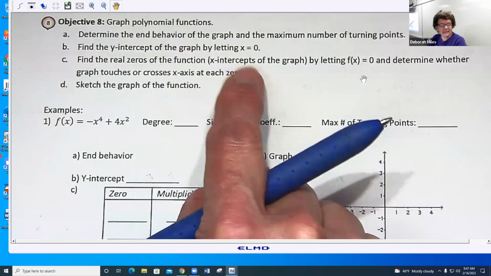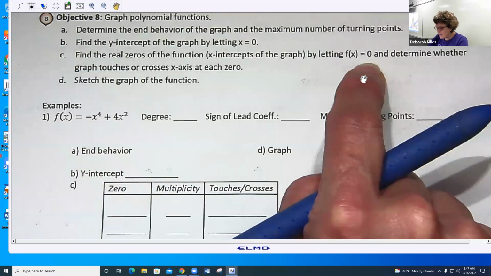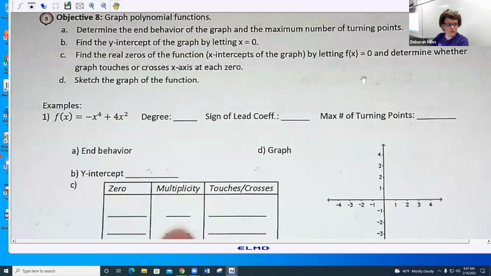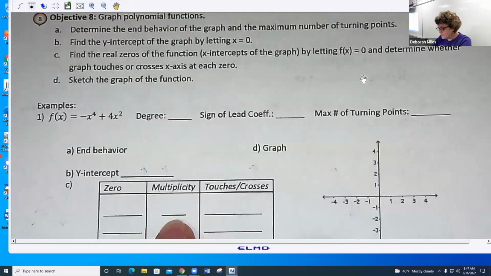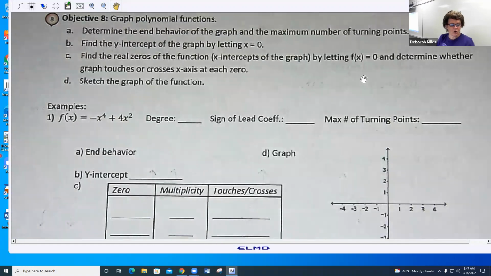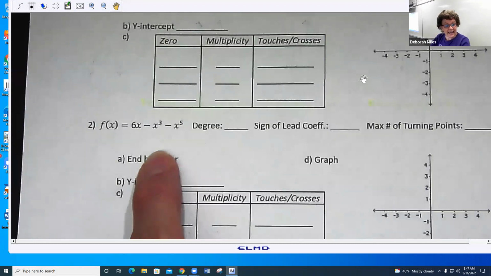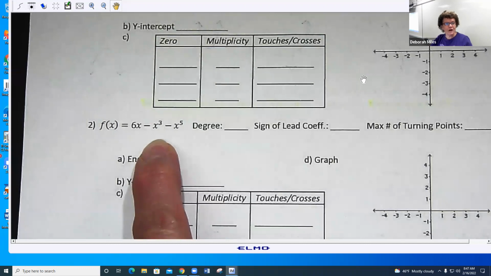We're going to find the x-intercepts by letting y be 0. And we will also look at the multiplicity of each of those zeros to say whether the graph touches or crosses at those zeros. And then we'll put it all together. What we're going to end up being able to do is get a pretty darn accurate and quick graph of polynomial functions that we have not graphed before.